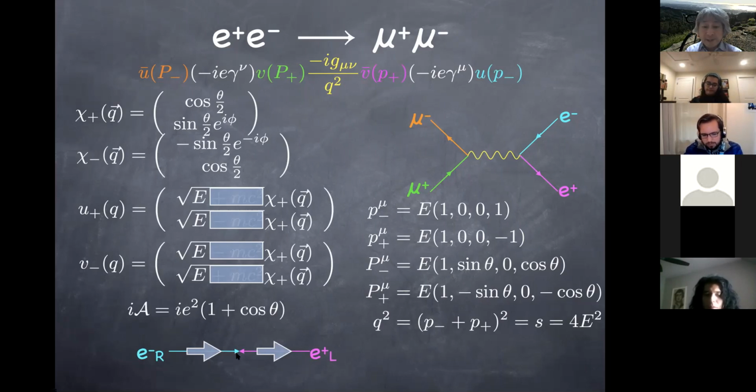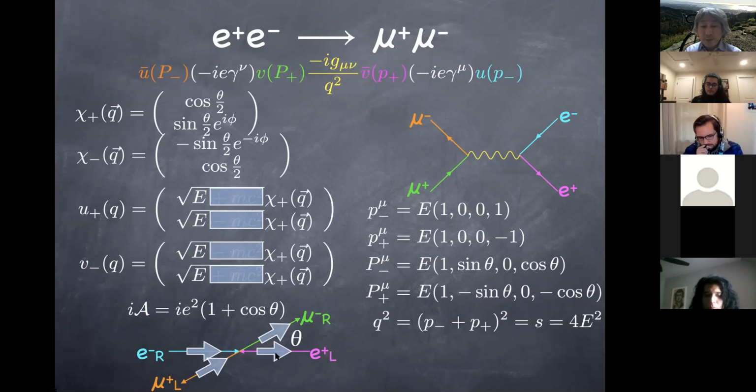And from here, electron and positron annihilate, disappear from the universe, and then out comes the muon and anti-muon. Again, I chose these helicity combinations, so there's again net spin 1 along the direction of the muon momentum. And theta is this angle over here.